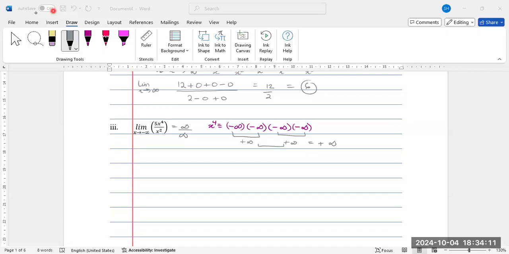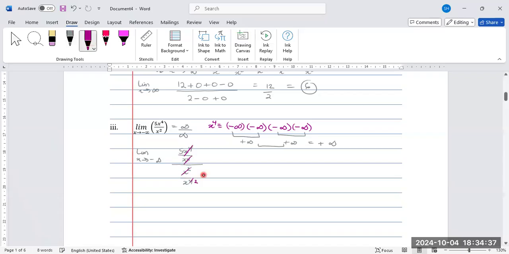All right, let's go. So we now know that we need to divide by the highest power. It is going to be 5x to the fourth over x to the fourth, divided by x squared over x to the fourth. 5x to the fourth over x to the fourth, all of that cancels, and the remainder is 2.